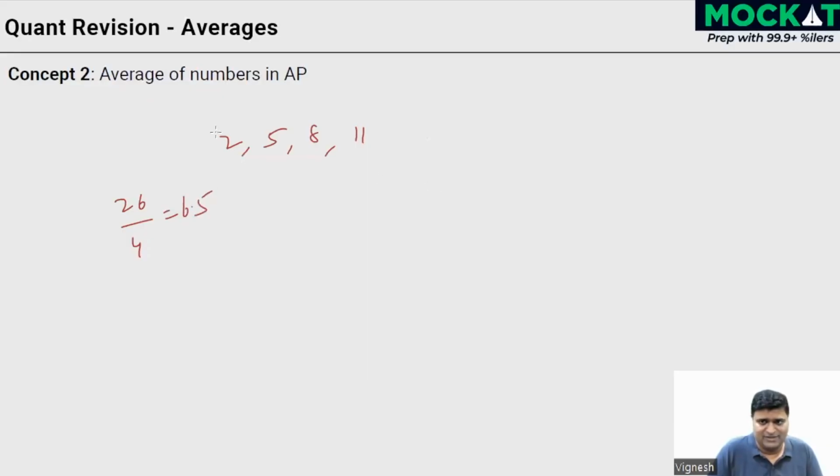Or I can just say first term plus last term by 2: 2 plus 11 by 2, because I'm taking only 2 terms, and that comes to 6.5 as well. I think most of you at this stage will know it: arithmetic progression average is first term plus last term by 2. So around this, a question turned up.